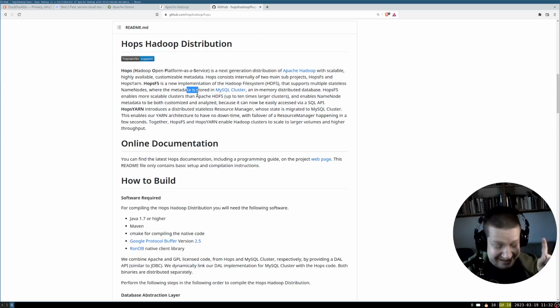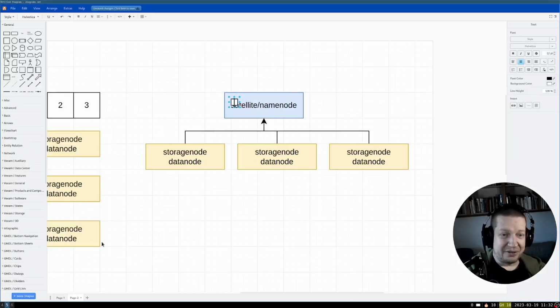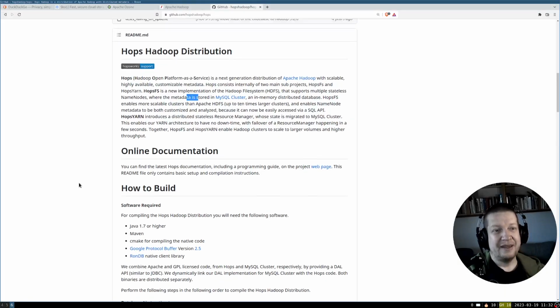Another comment is that there are reasons to store the metadata internally, especially everything in memory, because that was the original goal with Hadoop, to store everything in memory to make it very, very fast.